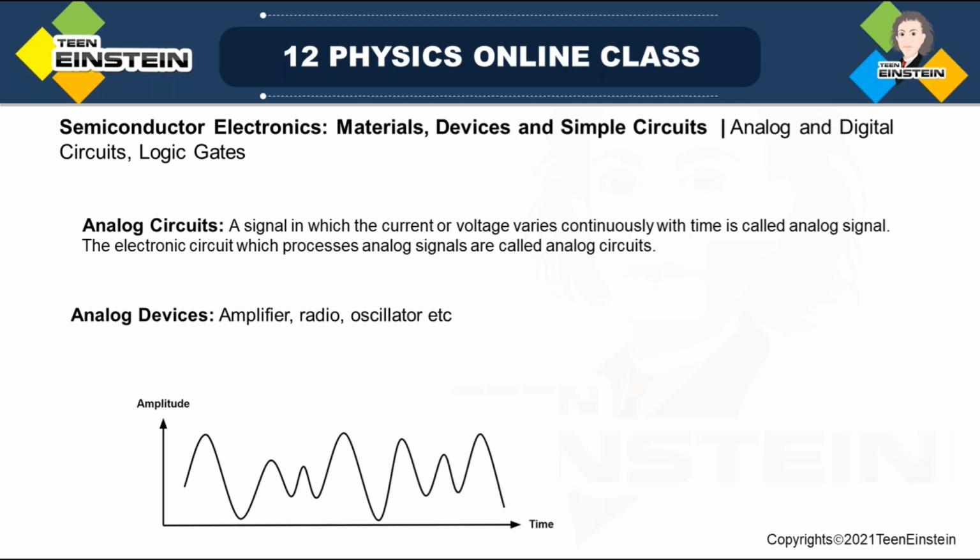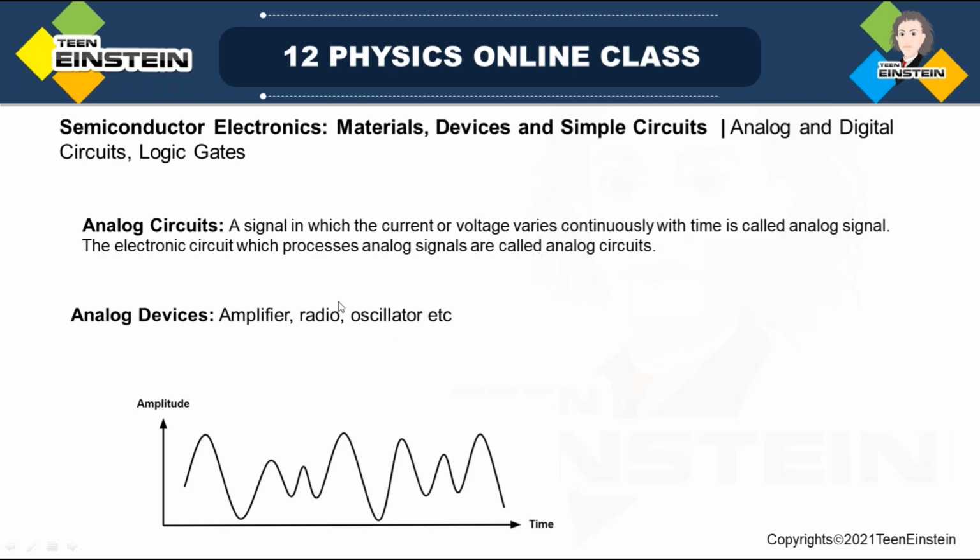First of all, we'll learn what is an analog circuit and what is a digital circuit. The word analog actually means continuous. Continuous signals are the analog. We'll define what is an analog signal first, then we'll define what is an analog circuit.